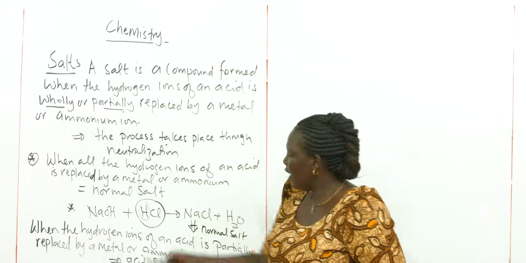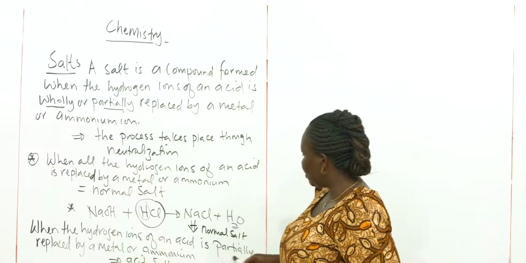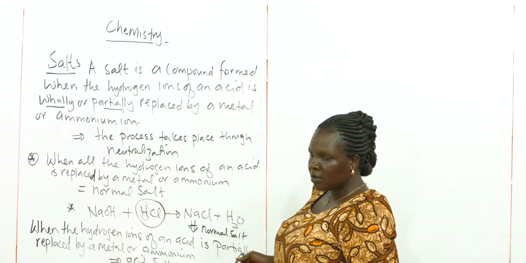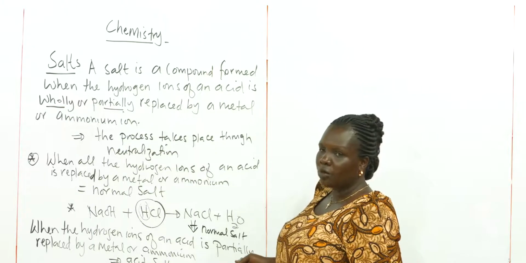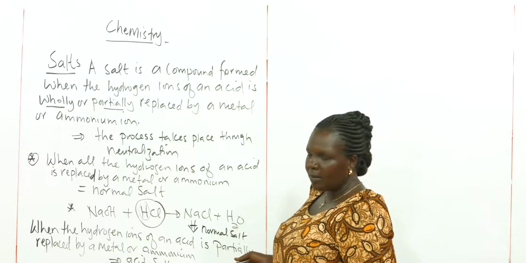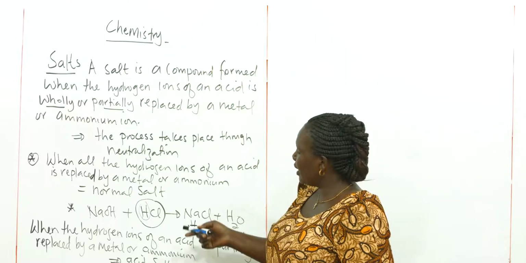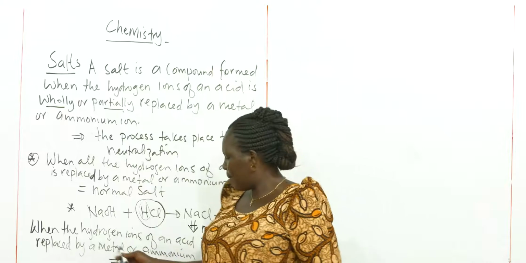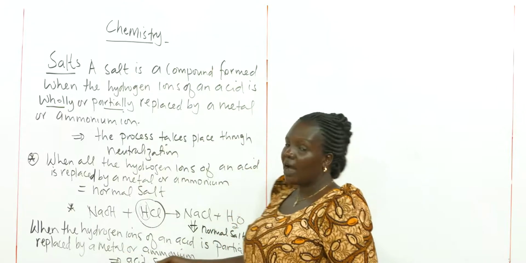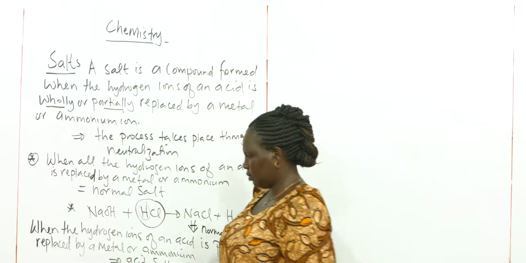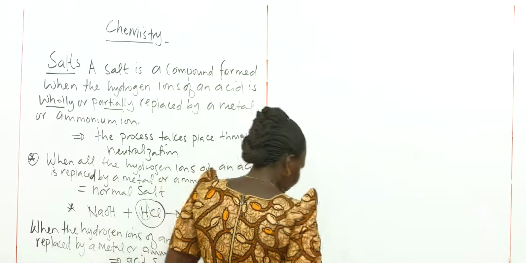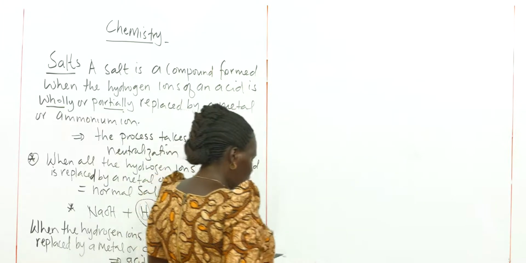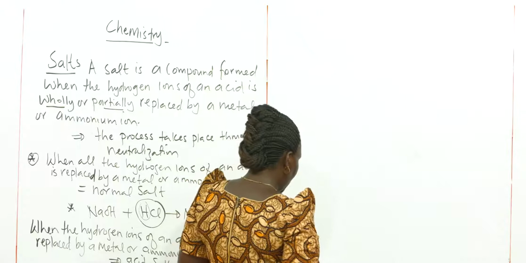That is, some of the hydrogen ions will be replaced and some of them remain. So when the hydrogen ions of an acid are partially replaced by a metal or ammonium ion, then we have an acid salt. Let us look at an example of a reaction that gives us an acid salt.